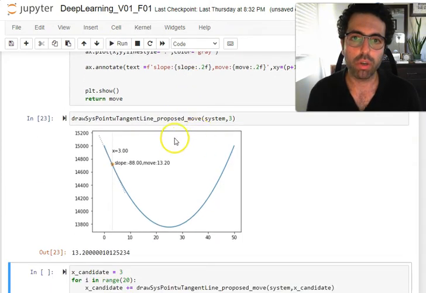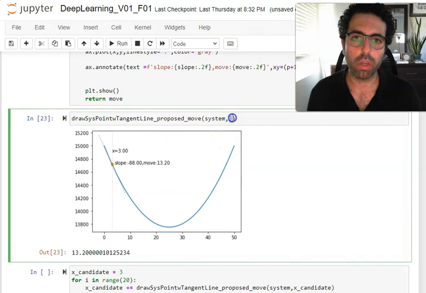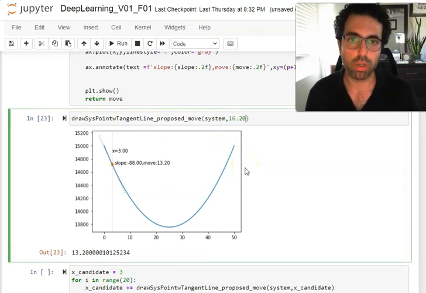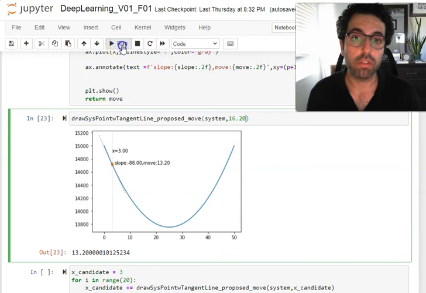So here at this point, x is 3, our slope is negative 88, and it's proposing that we move 13.20, so by moving 13.20, we change this to 16.20, and then we can run this again.